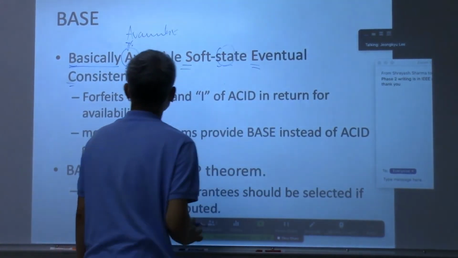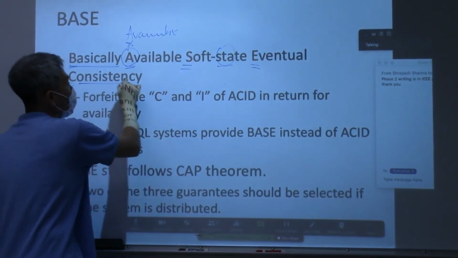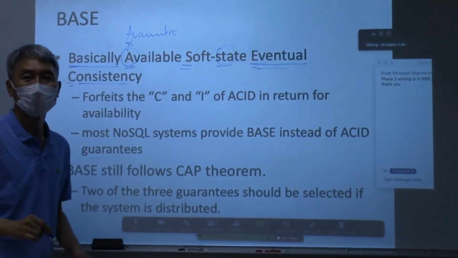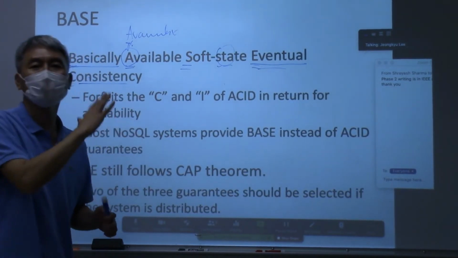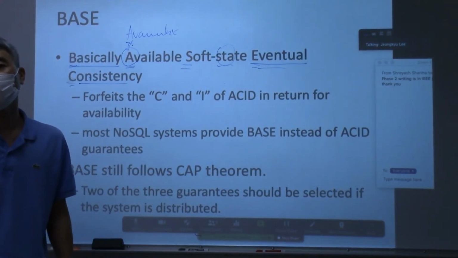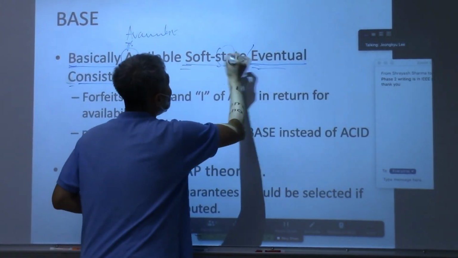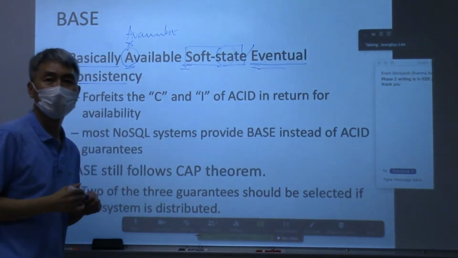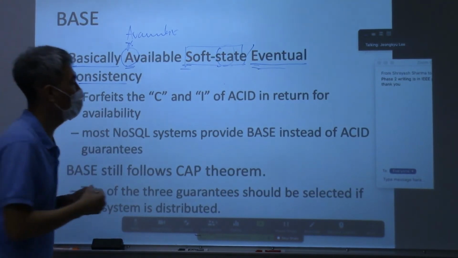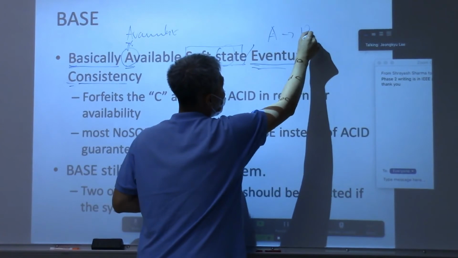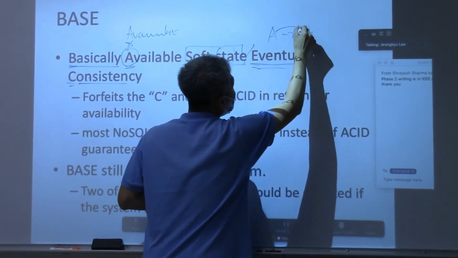What about the state, the consistency? Consistency is eventual consistency. It's not right after commit. Eventually, because it supports the soft state. Soft state means that it's not changing from database state 1 to 2 at once. Instead, eventually.